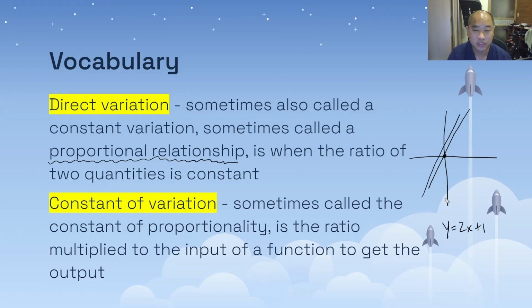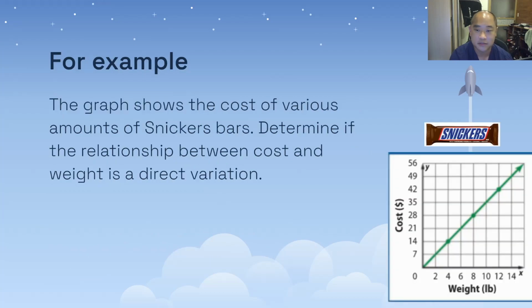And that's basically what you need to know. That relationship between the x and the y, that's called the constant of variation, or sometimes the constant of proportionality. So let's take a look at an example of that, because it will help make more sense.